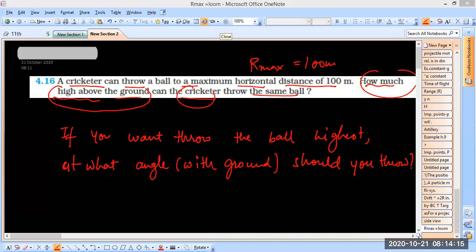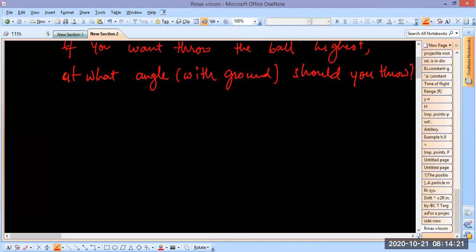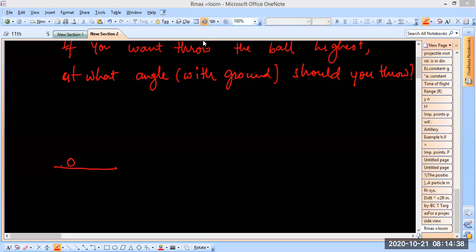Okay, everyone, listen to this carefully. Suppose I'm standing here and I want to throw the ball with some given speed. My hand, or any person's hand, has a limitation. It's not like you can throw it at any speed you want.